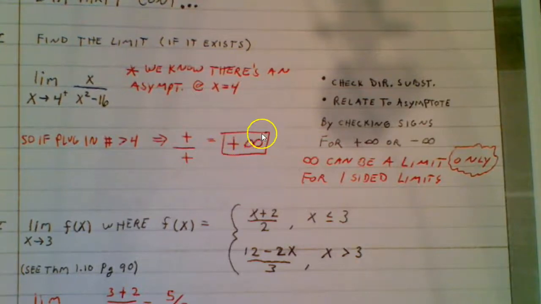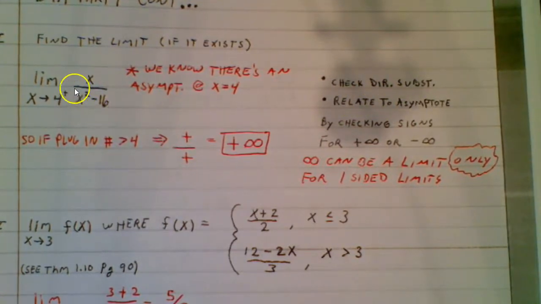And so that's how we know we're going to get a positive infinite limit, everything to the right side of 4. A couple things you can sort of see for this one. So again, we started by checking direct substitution. Couldn't do it because it would be undefined at that value. So from there, we want to go into relating it to its asymptote.